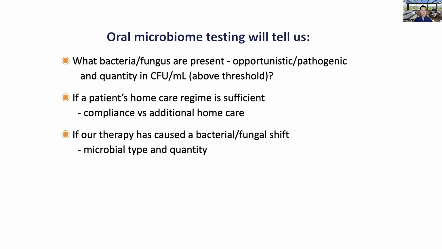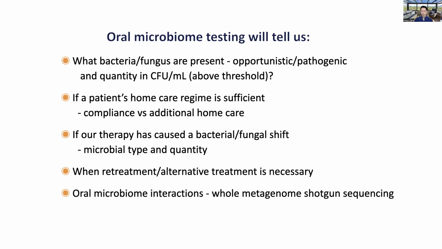We can see both the type of microbes that are present and in what quantity. And then it lets us decide if additional treatment is necessary or perhaps if it's not something that we can do and it needs the help of a specialist.